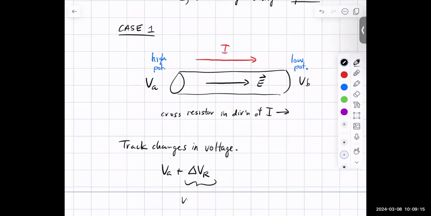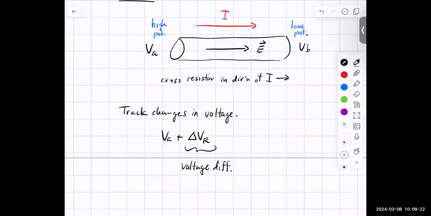This will be the voltage difference across our resistor. Then once we cross that resistor, we arrive at the right-hand side where we've labeled the potential as VB. And so we can solve for delta VR.